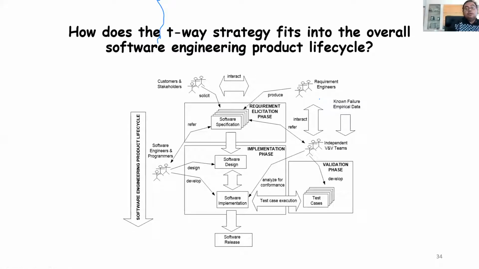Also you can look at this in the high level of the product life cycle. You can do validation testing when doing software implementation, for example. An independent team could look from specification, from implementation, and then develop test cases also. This can happen in the validation phase.